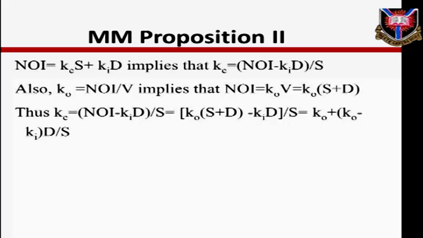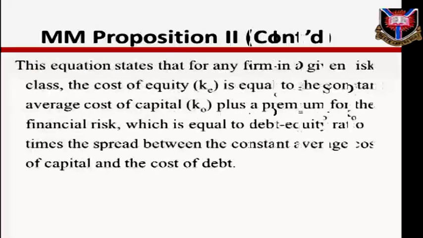NOI equals KeS plus KdD, which implies that Ke equals (NOI minus KdD) divided by S. This equation states that for any firm in a given risk class, the cost of equity is equal to the constant average cost of capital plus a premium for the financial risk, which is equal to the debt equity ratio times the spread between the constant average cost of capital and the cost of debt.